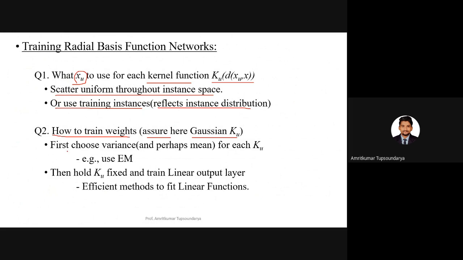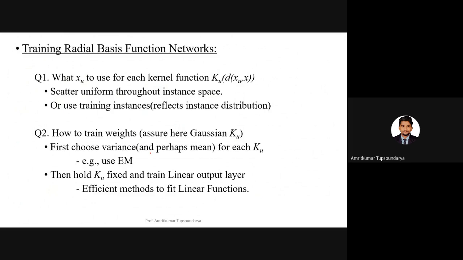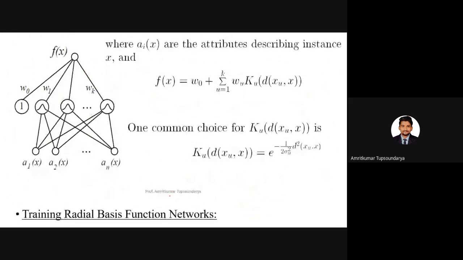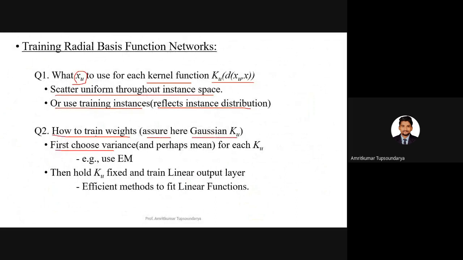The first step to train those weights is to choose the variance, like I just mentioned, this mu u square. The variance is perhaps nothing but the mean value, the mean for each Ku. The example for it is the exponential mean. The second step is to hold the Ku fixed and then train the linear output layer.